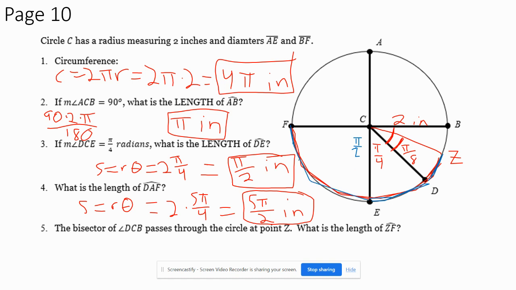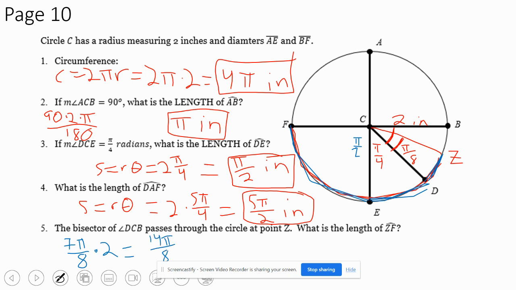So I have 4/8 here, plus 2 here is 6, plus another one here is 7. So I'm working with 7 pi over 8 radians. Okay, and so if I just multiply that by the radius, then that would give me 14 pi over 8, which would simplify to 7 pi over 4 inches.